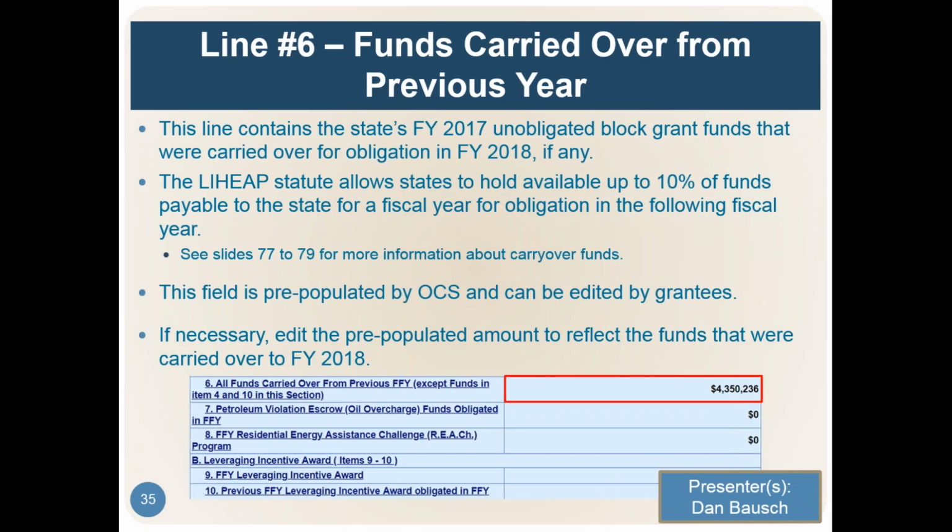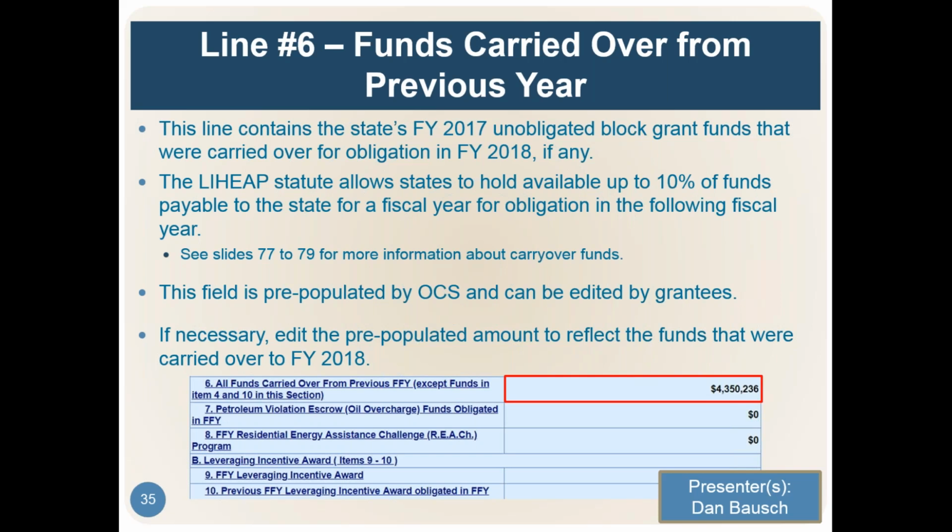So line 6 is where you report funds that came from the prior fiscal year and were carried over into fiscal year 2018 for obligation. So we will be talking about carryover funds in depth when we get to the uses of funds section. But in short, the LIHEAP statute allows states to hold up to 10% of funds payable to the state for fiscal year for obligation in the following fiscal year.